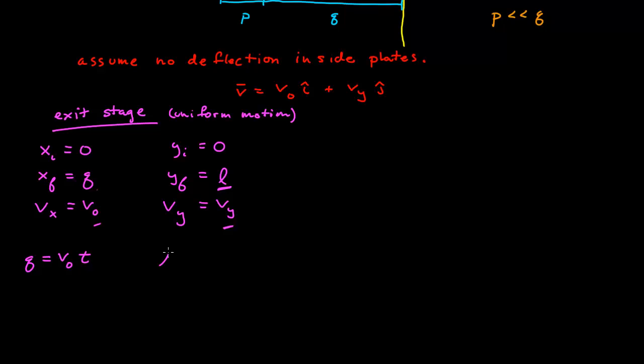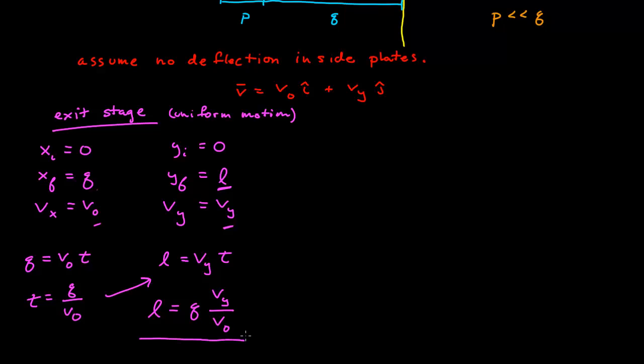And my final position in the y dimension is equal to my velocity in the y dimension times time. And so t is equal to Q over V naught. Substitute into there, and my deflection is equal to the distance Q V y over V naught.